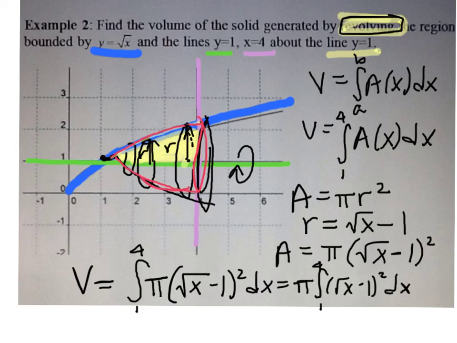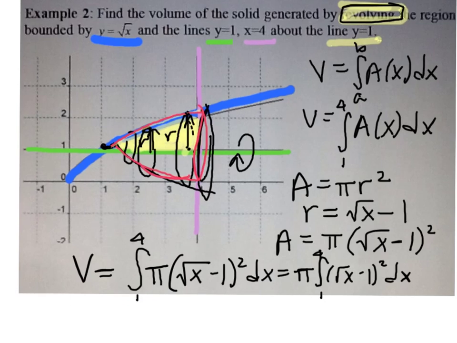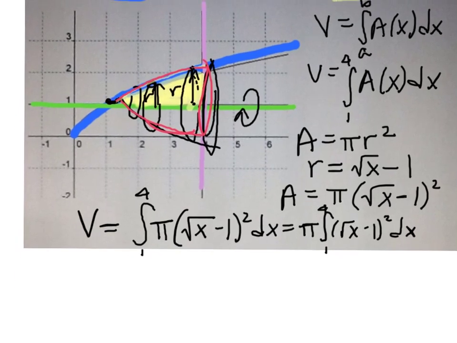If you get to this point and you put this in on your calculators, your calculator is going to give you an answer for the integral part of 7 over 6. I still had a pi left over from before, so your final answer is going to be 7 pi over 6.